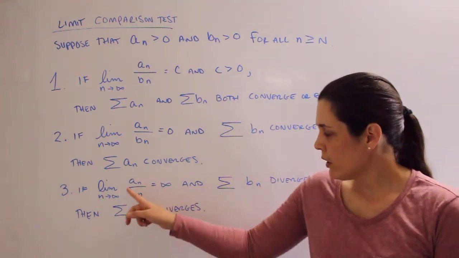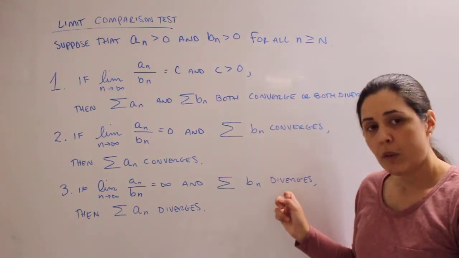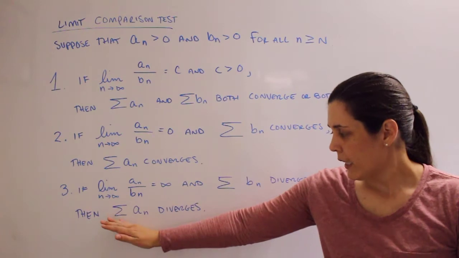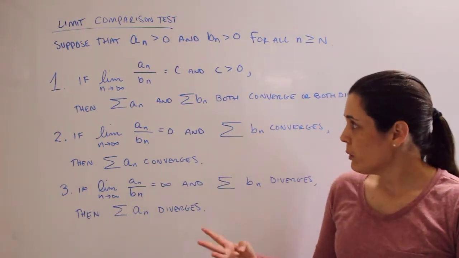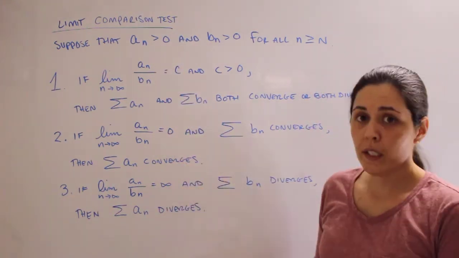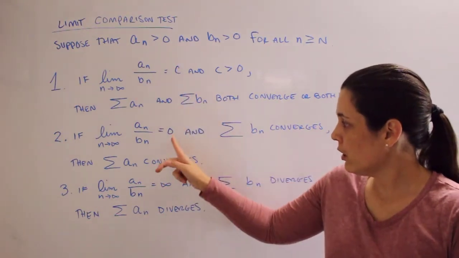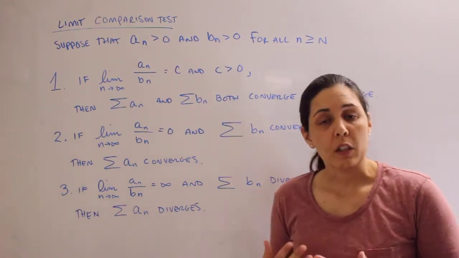So the denominator, that series that we use for that denominator, if that one diverges, then we can conclude the series a sub n also diverges. Okay, so for this one there is 3 parts, and you actually have to start the same way on all 3, based on the answer to the limit. Okay, 3 answers to the limit, then you conclude what you can about the series you're actually working on.